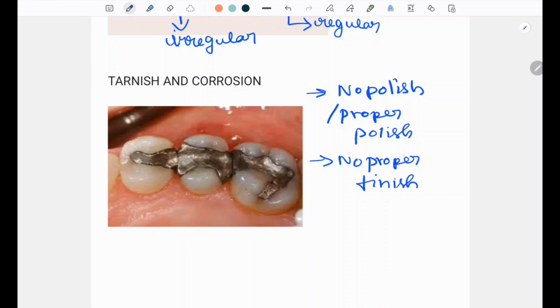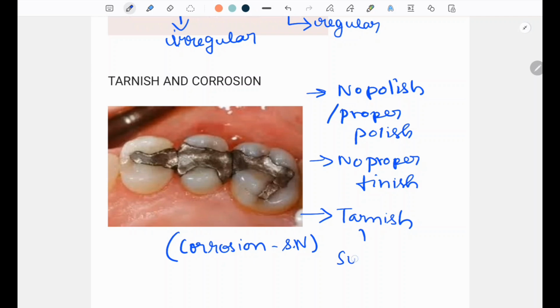There are many types of corrosion, separately an important short note. Here in this picture it is telling about tarnish. What is tarnish? Tarnish is a surface discoloration.